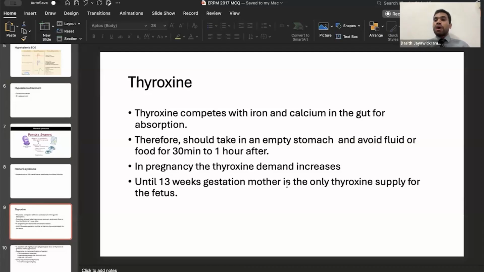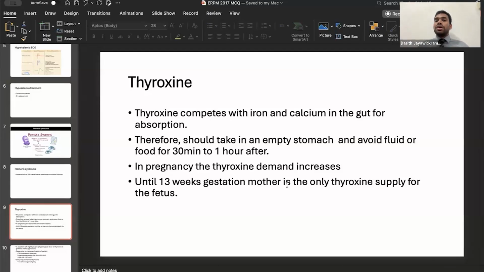In fact, the demand for thyroxine increases during pregnancy, and patients who were euthyroid before pregnancy might become a little hypothyroid. For example, patients with Hashimoto's disease might be euthyroid before pregnancy, but when she becomes pregnant, the demand is so high that the remaining gland cannot produce enough, so she might become hypothyroid.